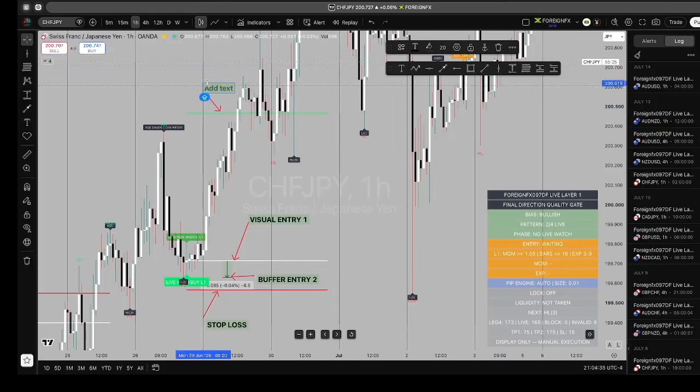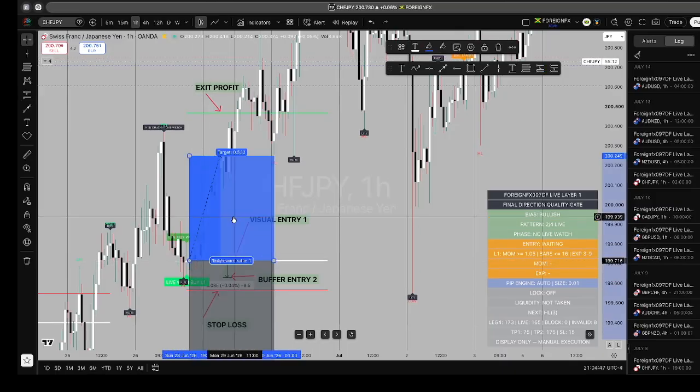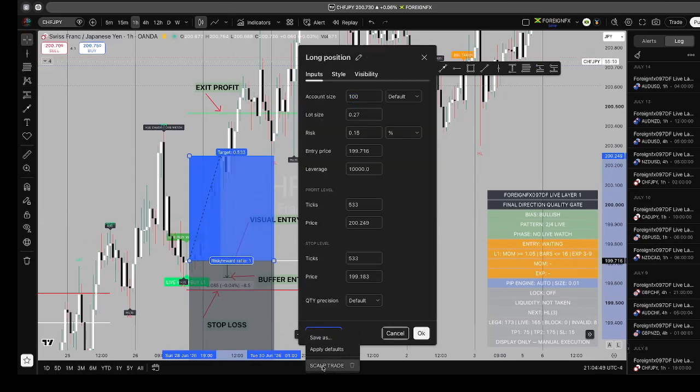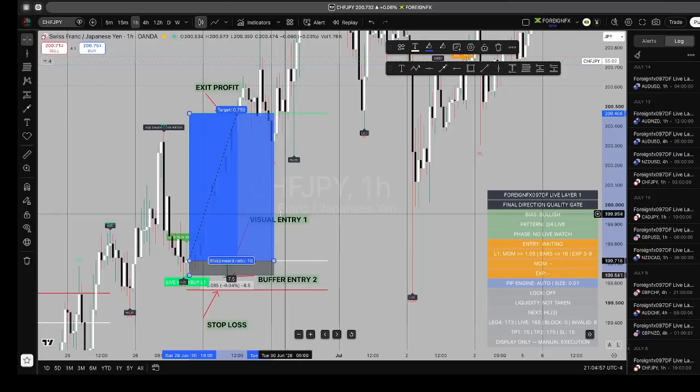On this particular trade, you could see the algo prints right there. So right there would be the entry. This trade played out from the visual entry and went for a 1 to 10.